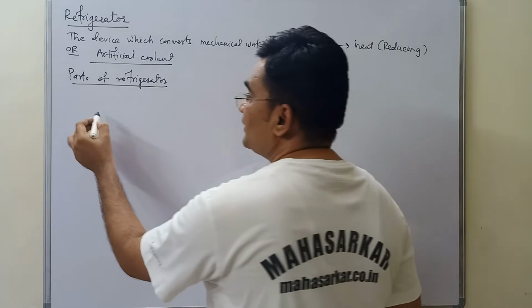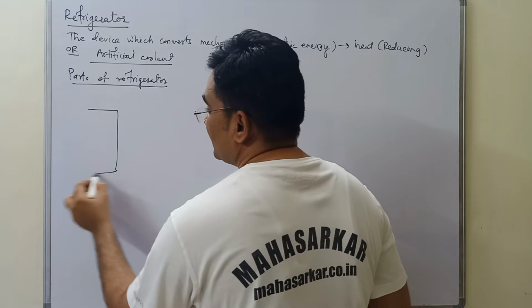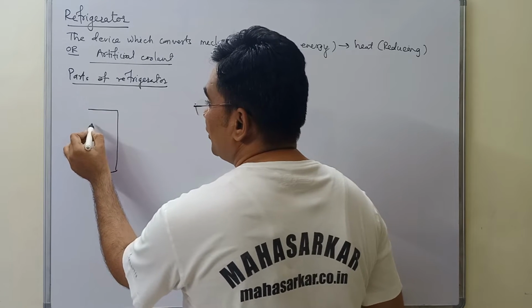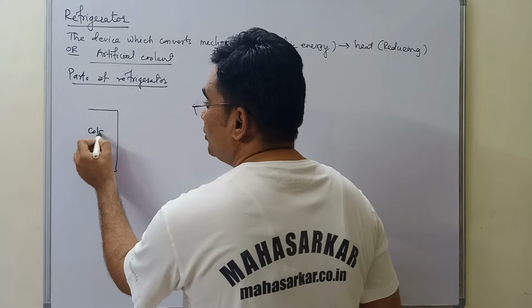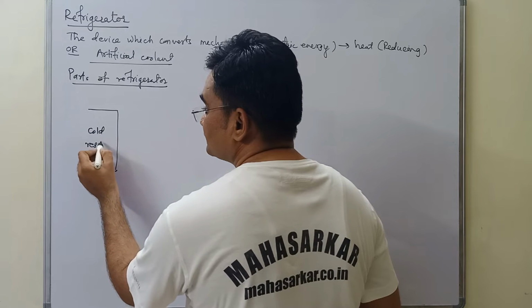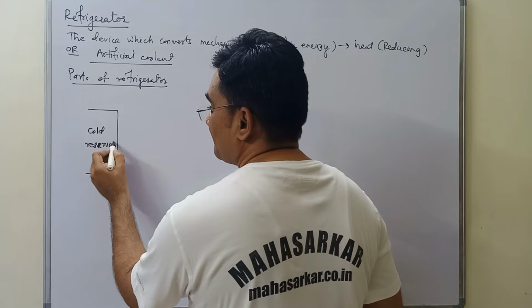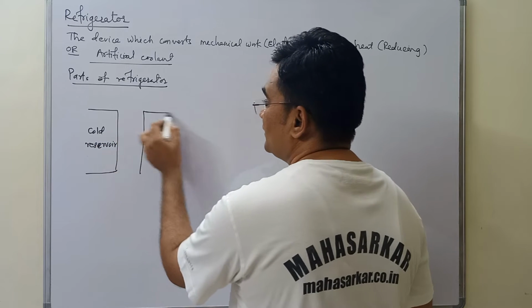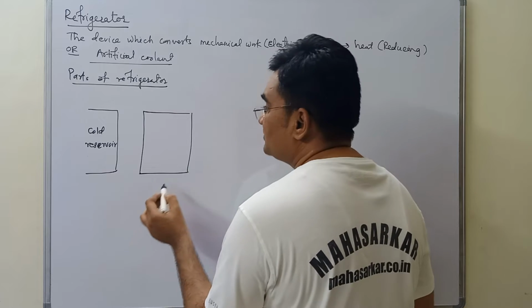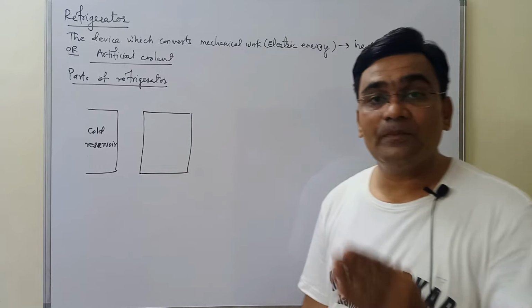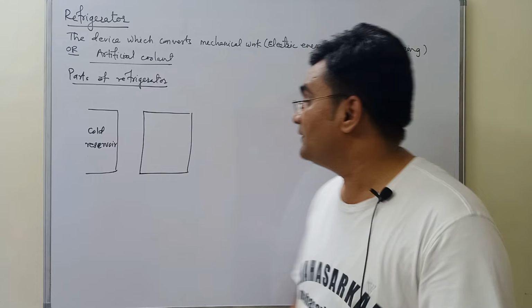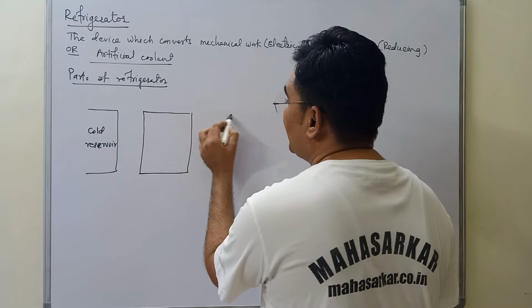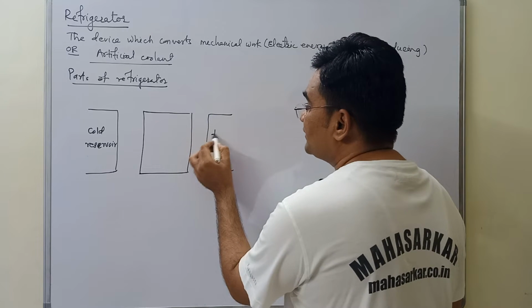Now, the refrigerator also has three parts. The first part we will call the cold reservoir. The second part consists of three different portions, in which compression and expansion with a valve are there. And the third part is the hot reservoir.